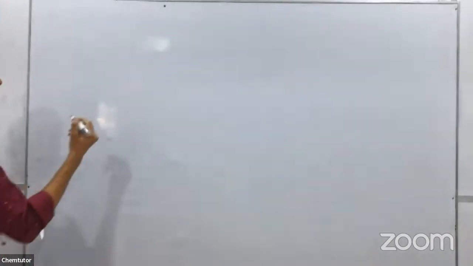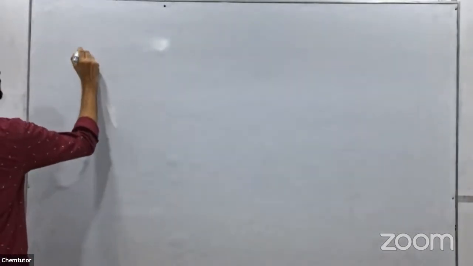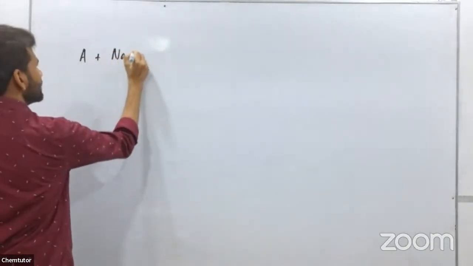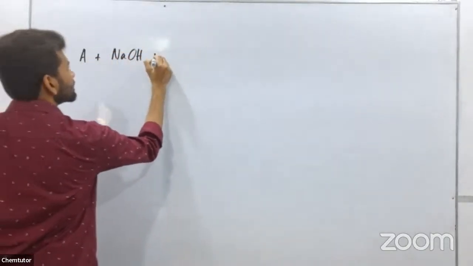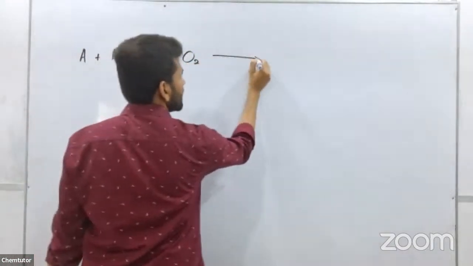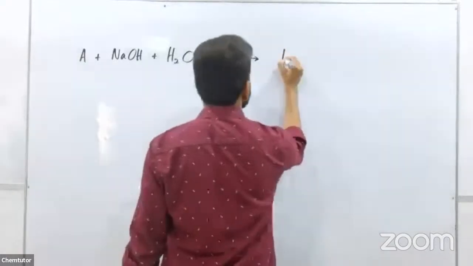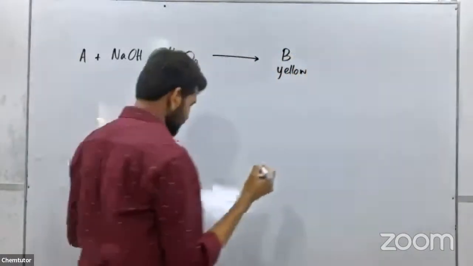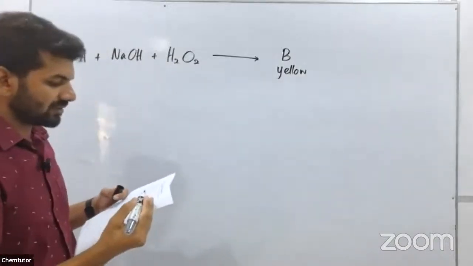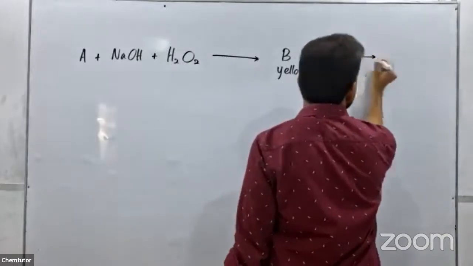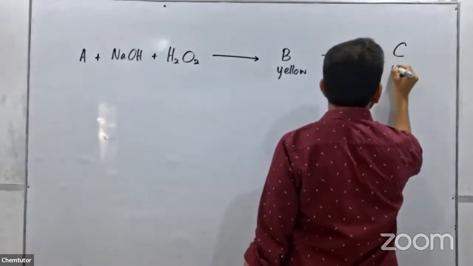Now it says A in the presence of sodium hydroxide with H2O2 gives a substance B, which is yellow. Then that B solution with H2SO4 will turn into C, which is orange.